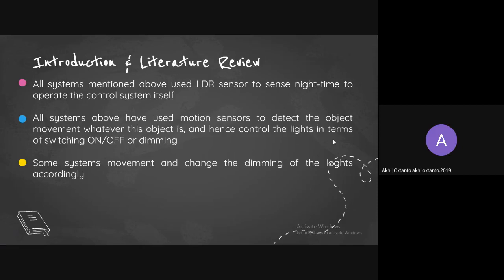All systems above have used a motion sensor to detect the object movement, whatever this object is, and hence control the lights in terms of switching on or off or dimming. Some systems detect movement and change the dimming of the light accordingly.